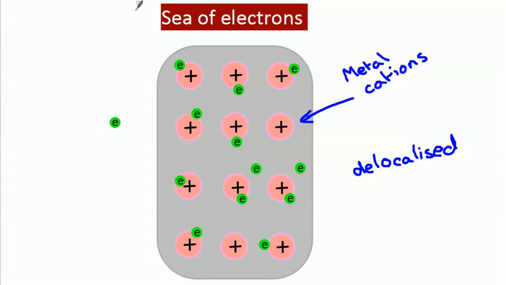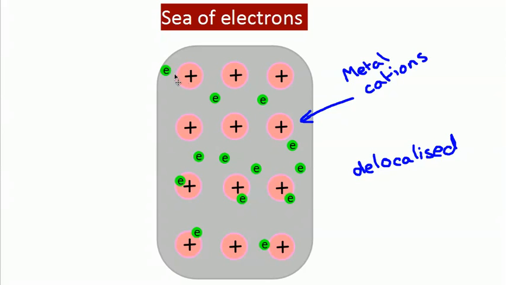If we look at how these might move around in here, that electron can move anywhere around here. So it's delocalized. It's not actually tied to any particular atom. Although these are cations and the electrons are attracted to them, they're attracted to this one, and this one, and that one, and they can just move around all around.